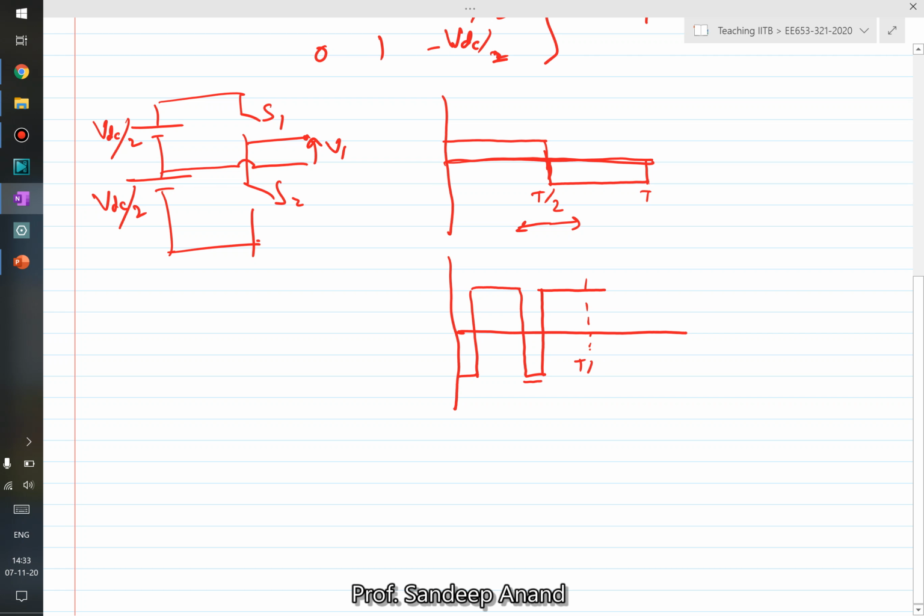This is only t by 4, or rather 90 degrees. And you want symmetry, so this waveform would continue. So let's say here I can just try to draw it. This waveform, we would want quarter wave symmetry so that we do not have any even harmonics, and therefore we would draw it like this, and then on the negative side also, it would have the same waveform.